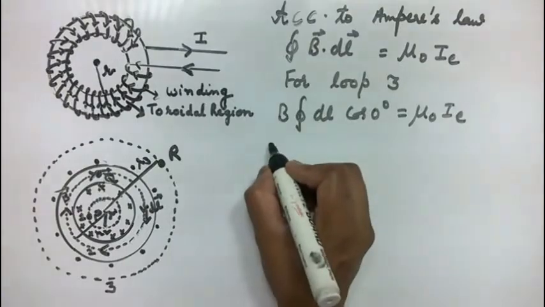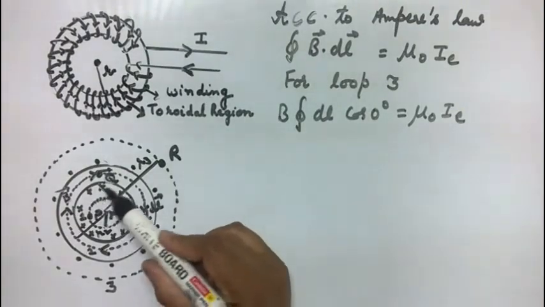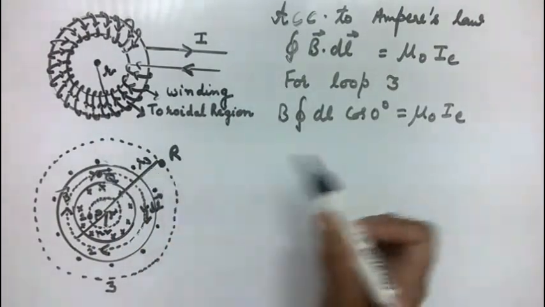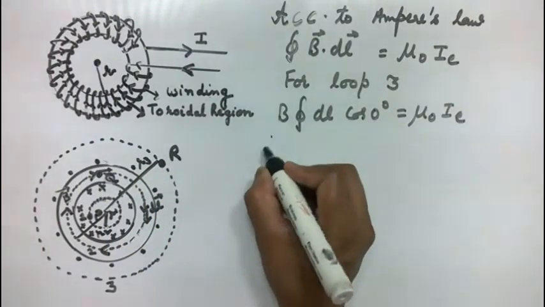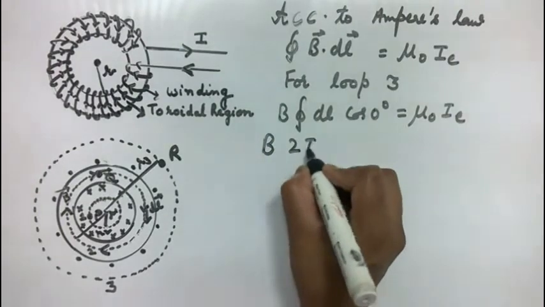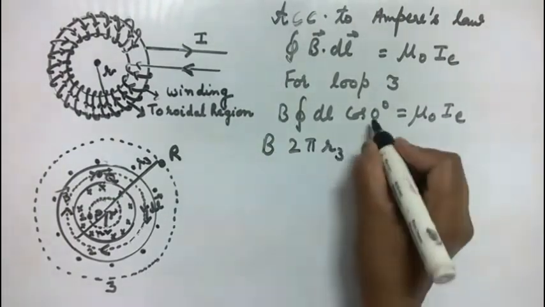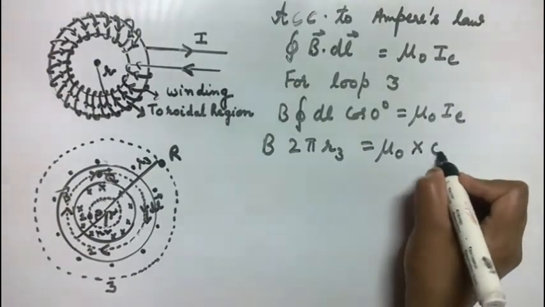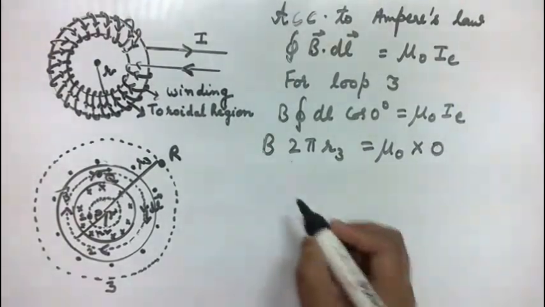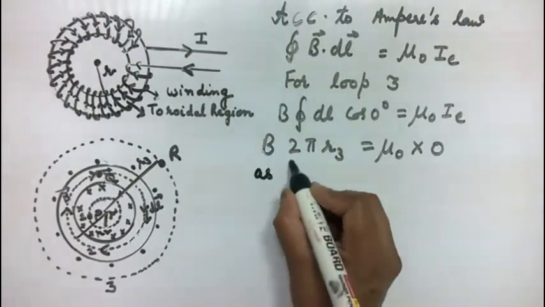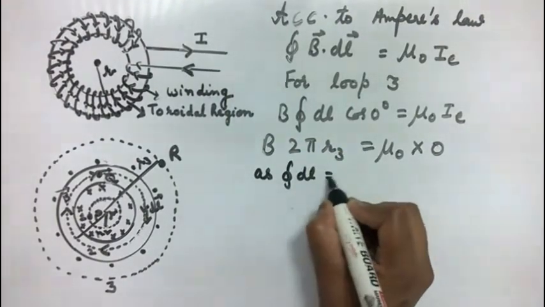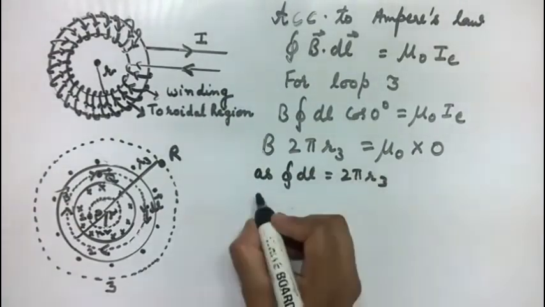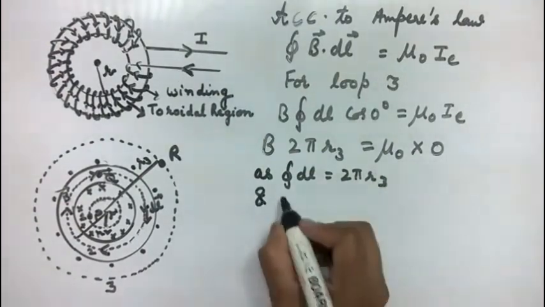Integration of dl is again the circumference of the loop, which is 2 pi r3. Cos 0 is 1, and mu naught I enclosed here is also 0.